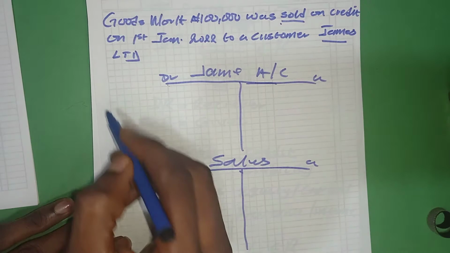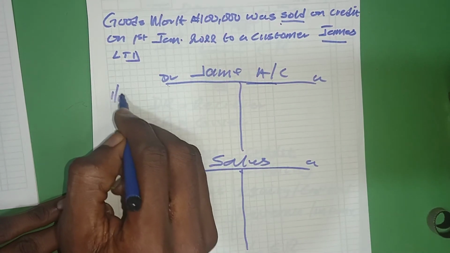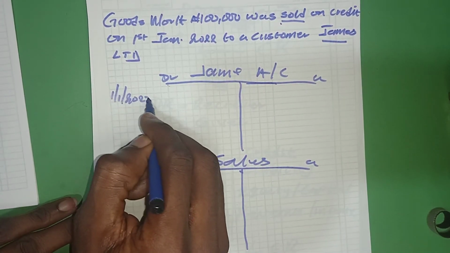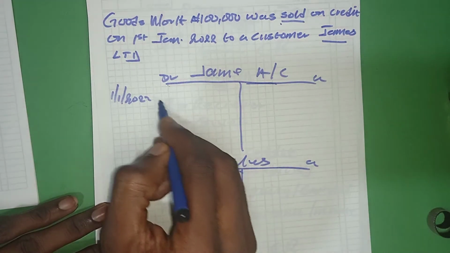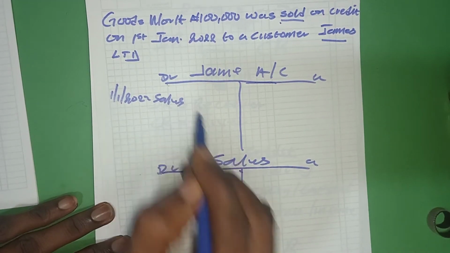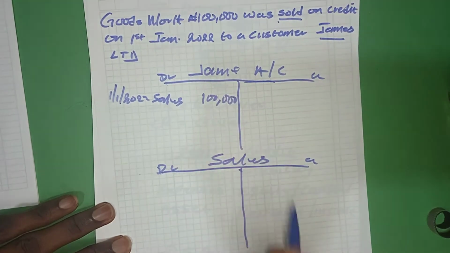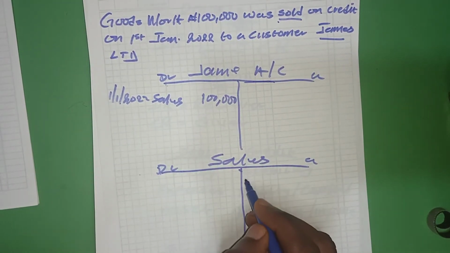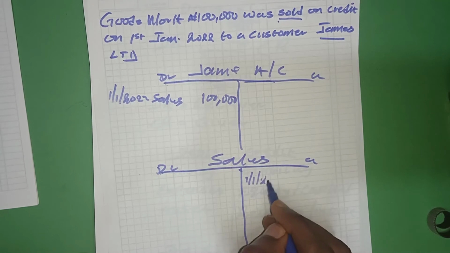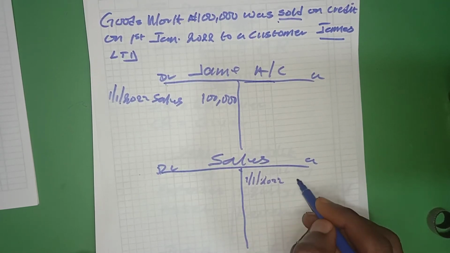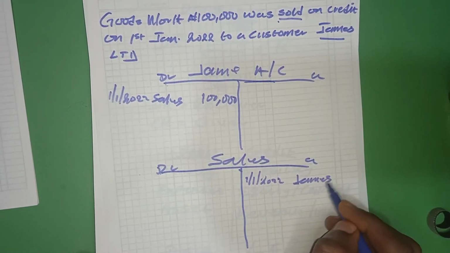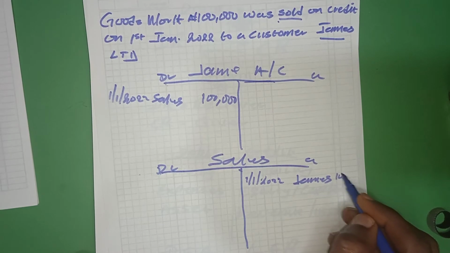They say on 1st January 2022, sales 100,000. 1st January 2022, James 100,000.